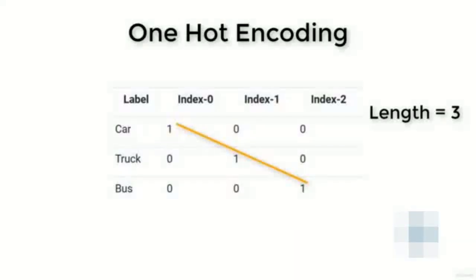This is because each element within the vector is a 0 except for the element that corresponds to the actual category. And we said that the car category corresponds to the first element. Similarly, for truck, we see that the second element is 1, while the first and third elements are 0. Lastly, for bus, the third element is 1, while the first and second elements are zeros.